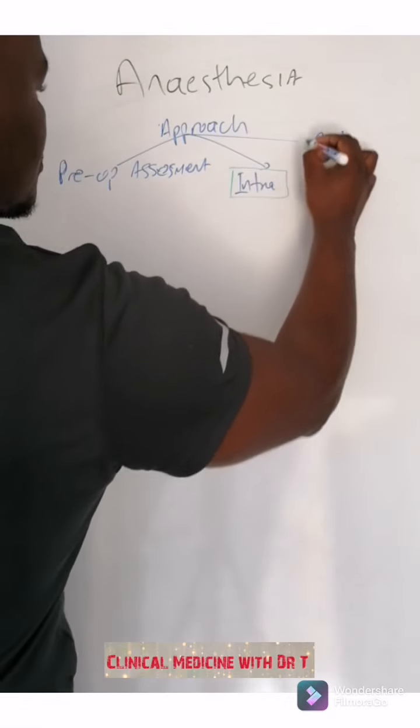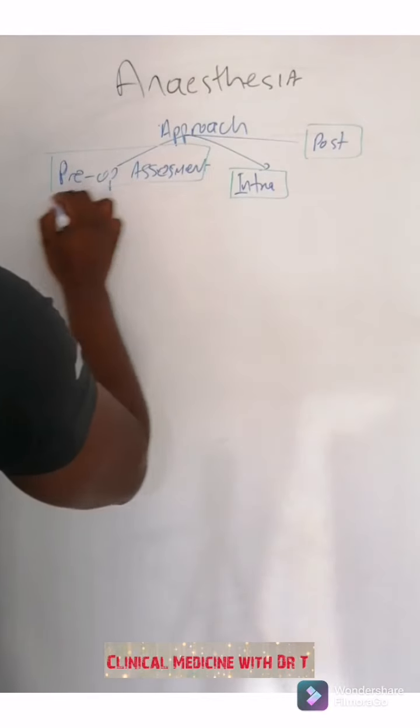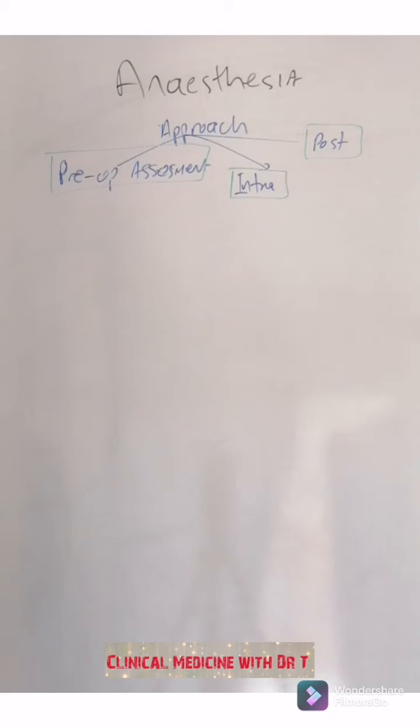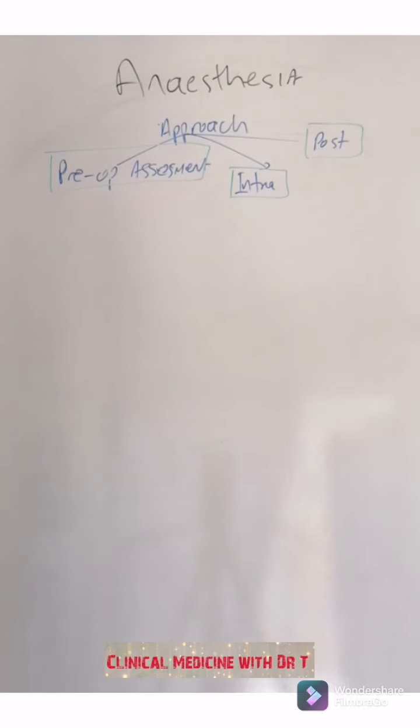So when someone asks you what's your approach to this patient, they give you a scenario and ask what is your approach to this case, these are the things they want to hear. What are you going to do pre-op?